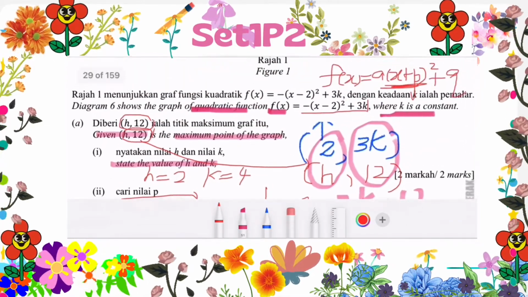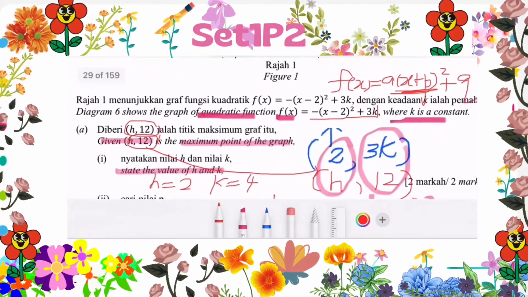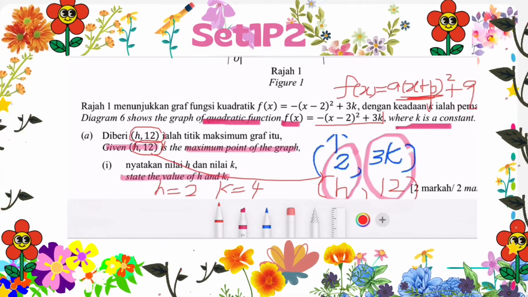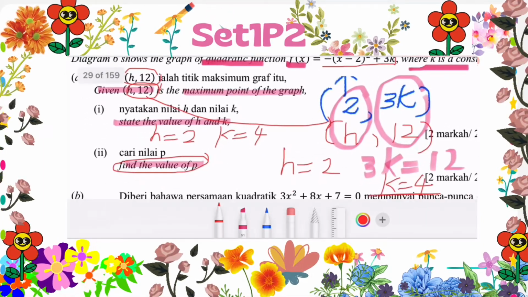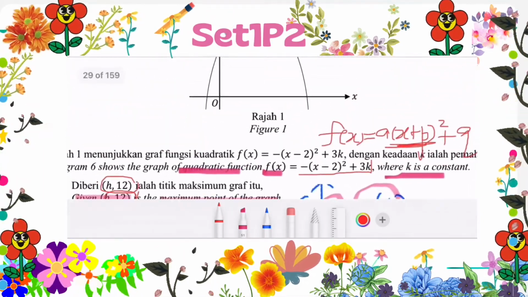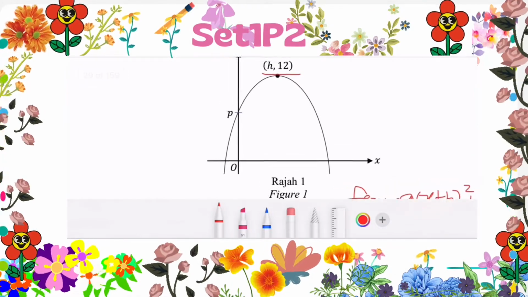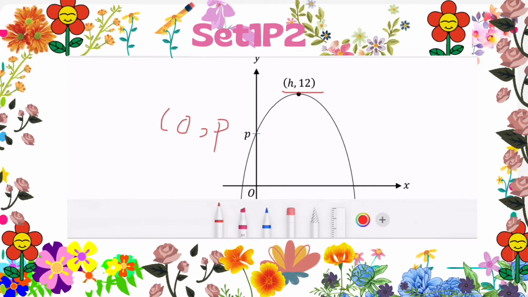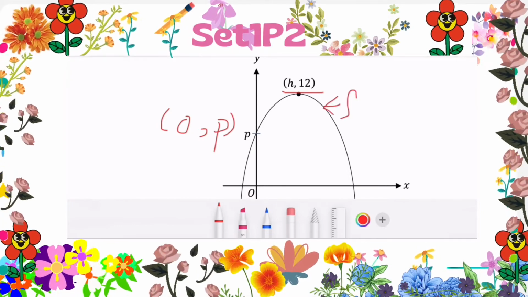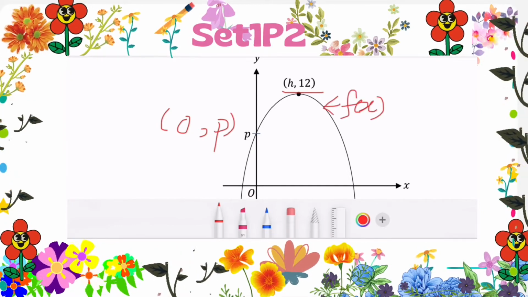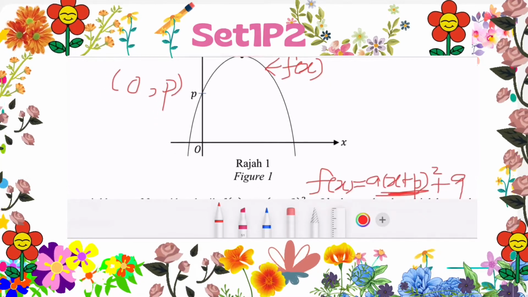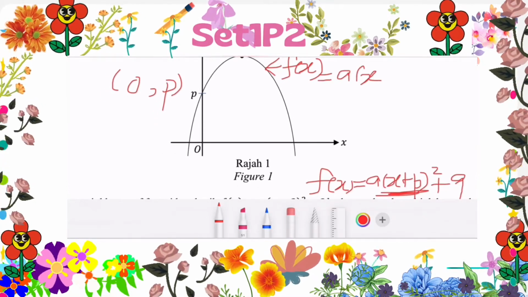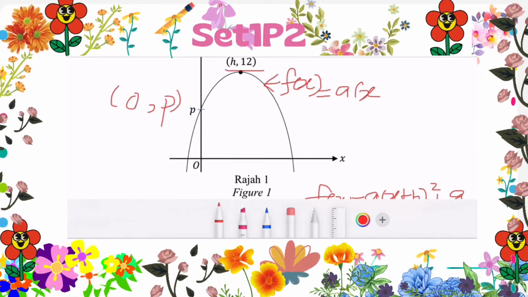Okay, how to find the value of p? Let's see where is the p. If you look at the graph here is (0, p). Since the quadratic function f(x) is a curve, we can use the h value there.